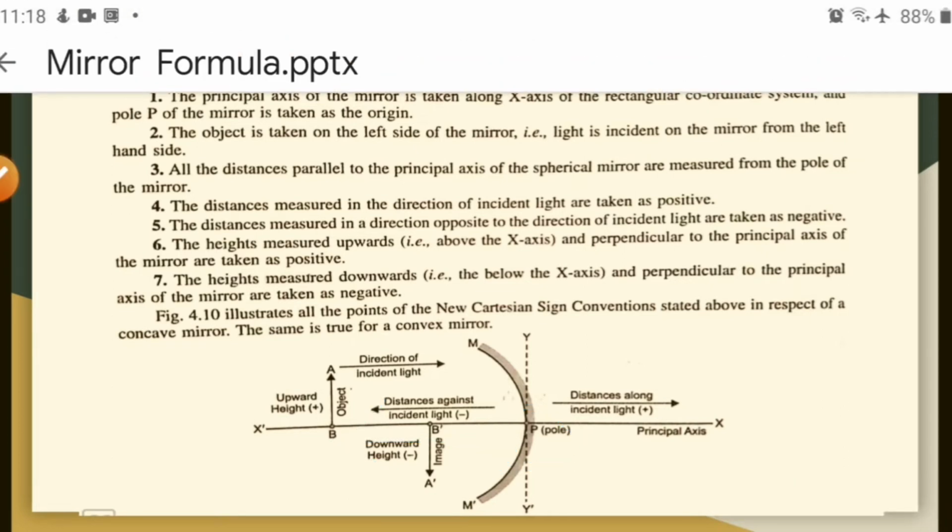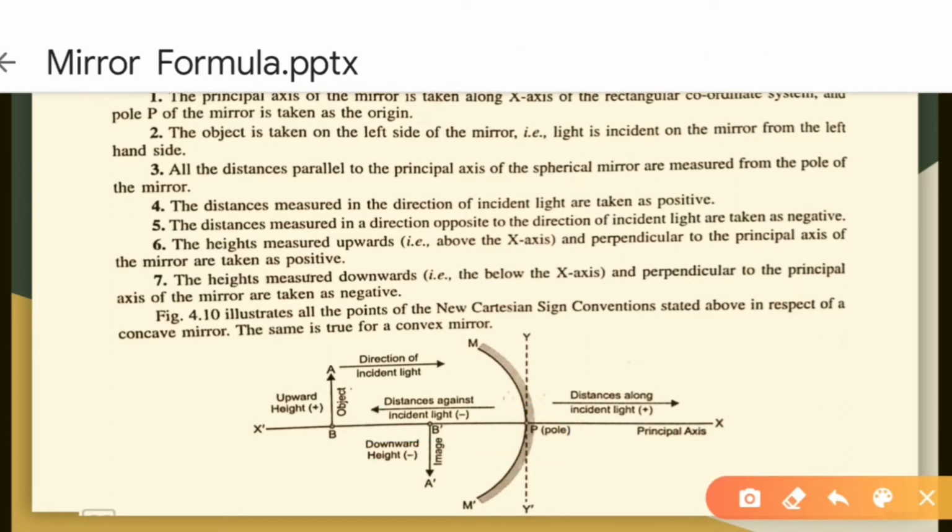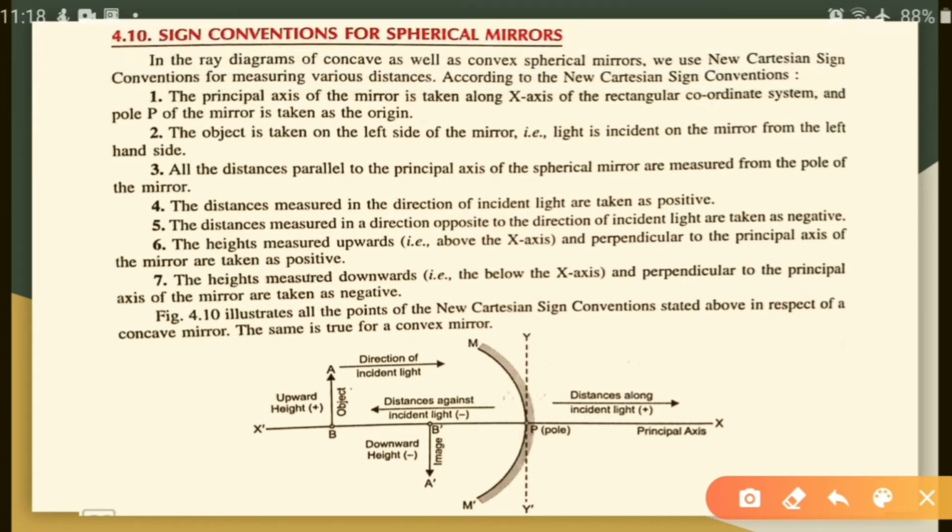So your u will be opposite to the direction of the incident ray. The direction of the incident ray is from left to right, and you are measuring the distance from right to left. That is why u will always be negative, no matter whether it is a concave mirror or a convex mirror.